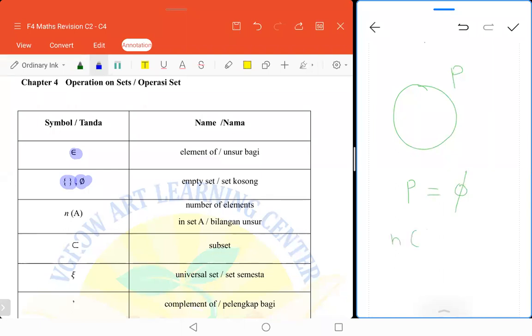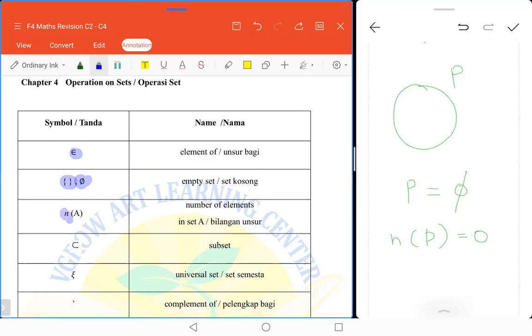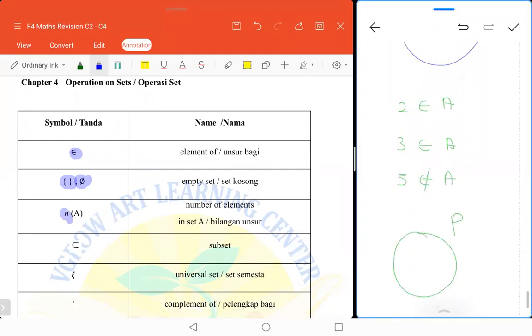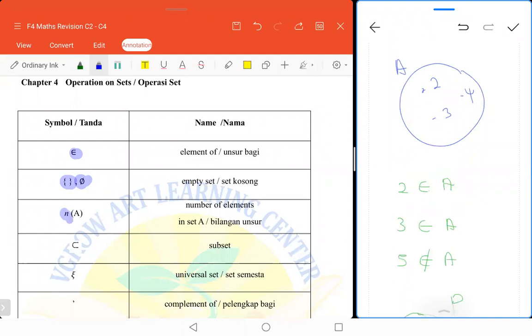The number of elements in set P equals 0 because there are no elements. N stands for number of elements in a set. Over here, the number of elements in set A is 3: 1, 2, 3. So n(A) = 3.